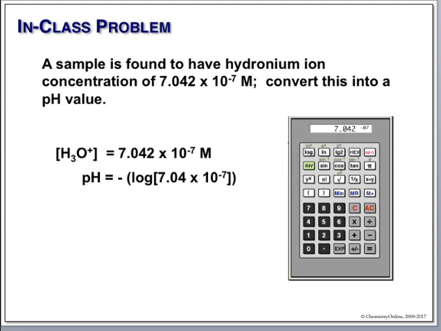All you have to do is hit the log button right there. And it's minus 6.15. Remember, pH is the negative of that number, so our pH is 6.15. Type in the concentration, hit log, change the sign, you've got pH.